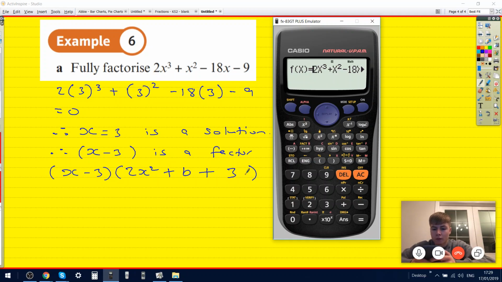Then you put in cubed and all that. Plus. Yeah. And press equals. Press equals.